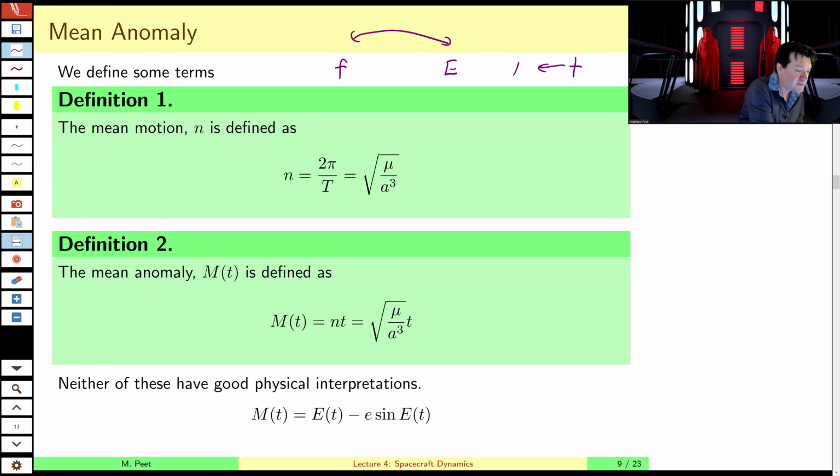And so specifically, we take an intermediate step to what's called mean anomaly, and then the conversion from mean anomaly to eccentric anomaly is through Kepler's equation.